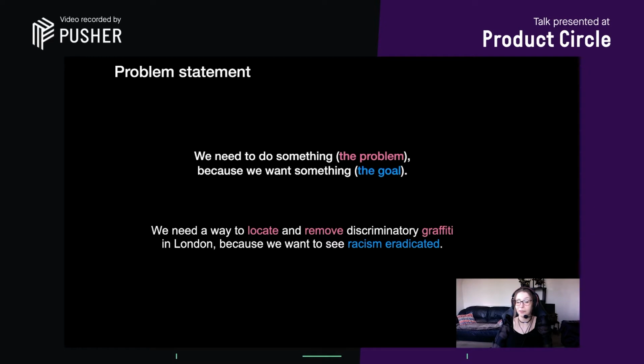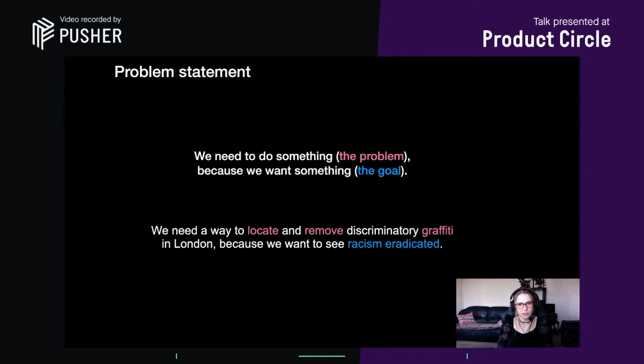So, for example, we need a way to locate and remove discriminatory graffiti in London because we want to see racism eradicated. I have highlighted the problem and the goal in this sentence, and it's very clear that you have a problem, that currently there is a lot of discriminatory graffiti in London.